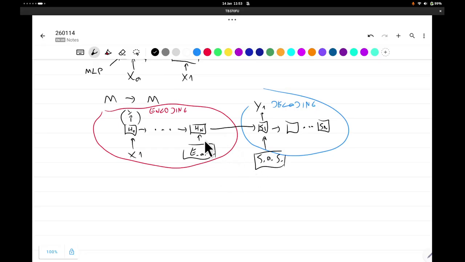I say sentence because the many-to-many instantiation of a recurrent network has as its prototypical application transforming sentences into other sentences, so translation from one natural language to another, but also anything that looks like a prompt expressed more or less in natural language into an output that is also expressed in natural language. It could also be something more complex than just sentences.